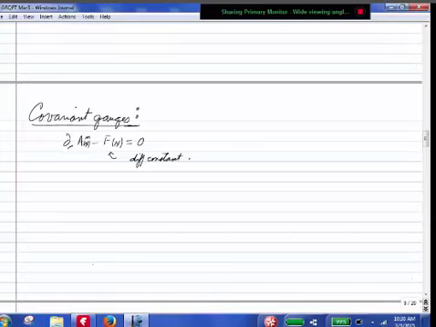Yeah, so let's do the following. We had the constraint that d mu a mu minus f equaled 0.